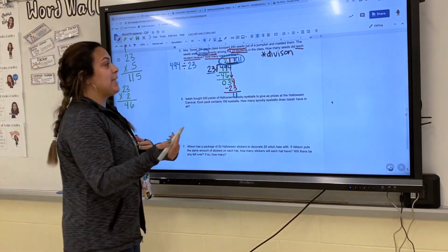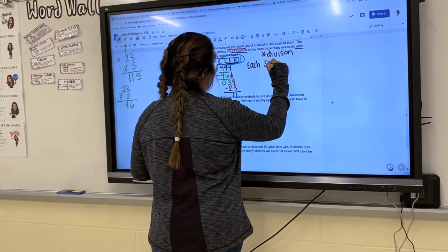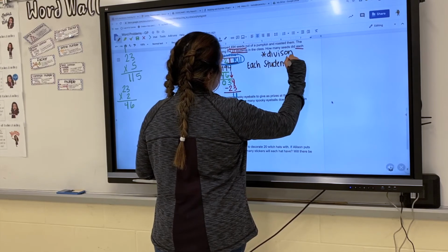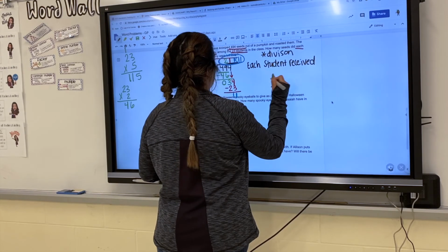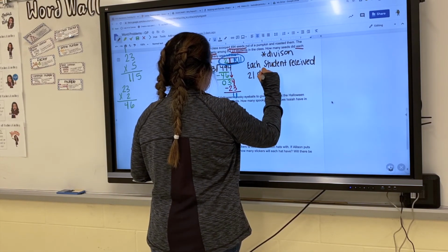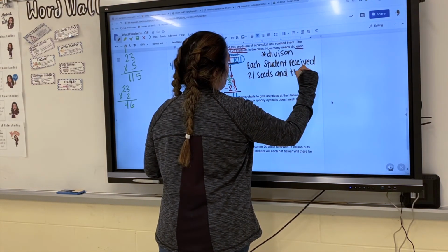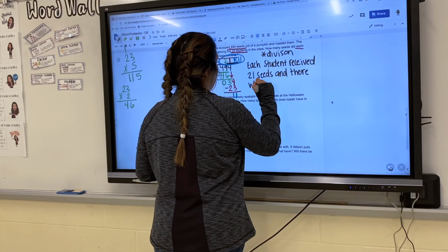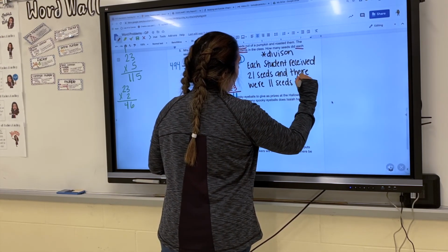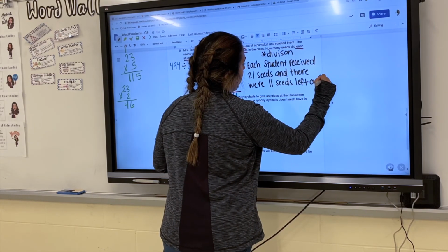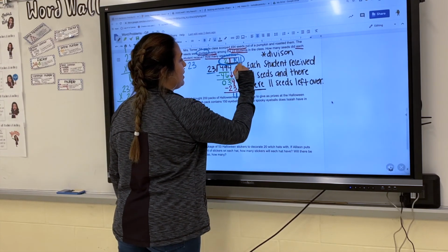So our sentence can say, each student received 21 seeds and there were 11 seeds left over. And this is what our sentence can look like.